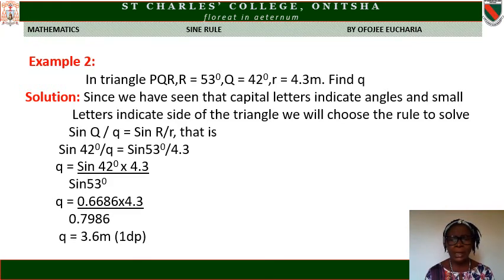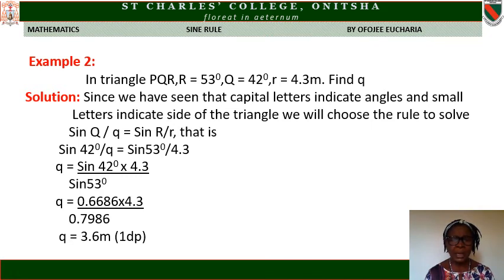Since we have seen that capital letters indicate angles and small letters indicate sides of the triangle, we will choose the rule to solve. And what we are going to use is the combination of Q and R, where capital Q is 42 degrees, small q is what we are looking for, capital R is 53 degrees, and we are given small r to be 4.3.